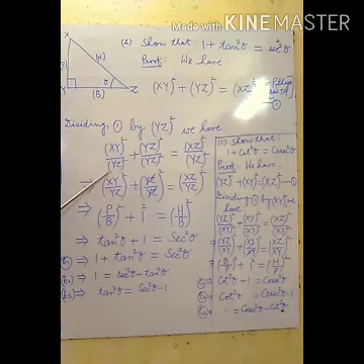Here 2 brackets are there, so 2 squares are required. If we convert into a single one, that will be XY upon YZ, kept inside a single bracket, and the common power will be noted down only once. This is the law of exponent and we can apply it here. Similar case here: 2 brackets are there, common power, so a single bracket will be there, these things will be noted down as they are, and a single power of 2 will be there because the common power is written only once.